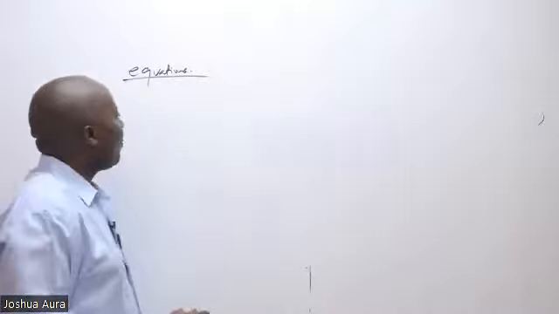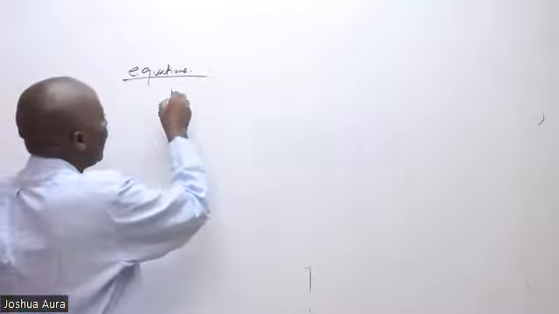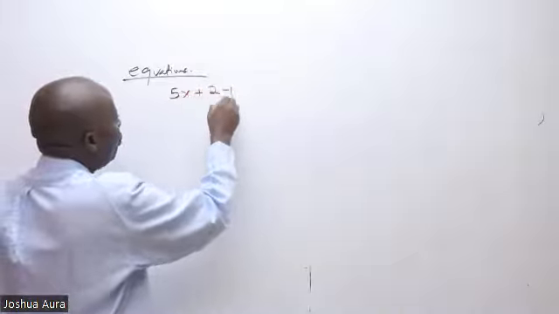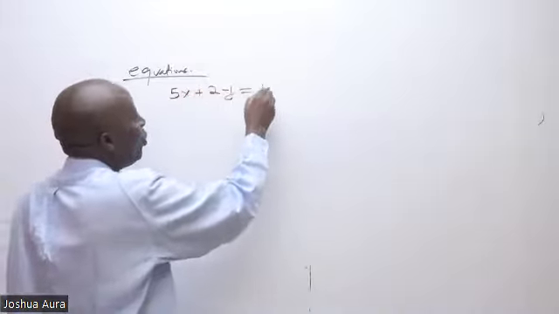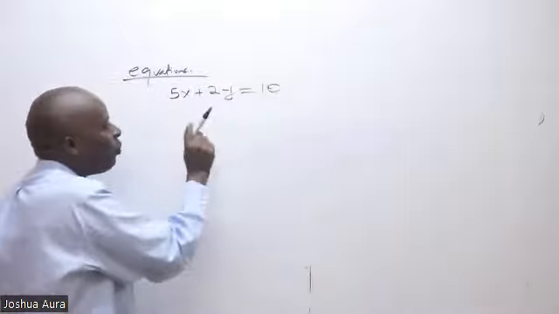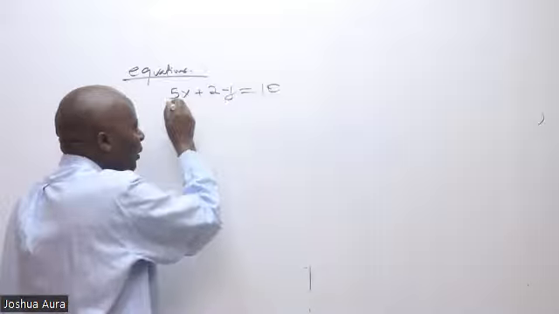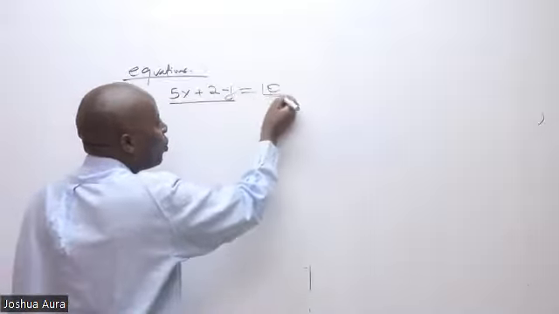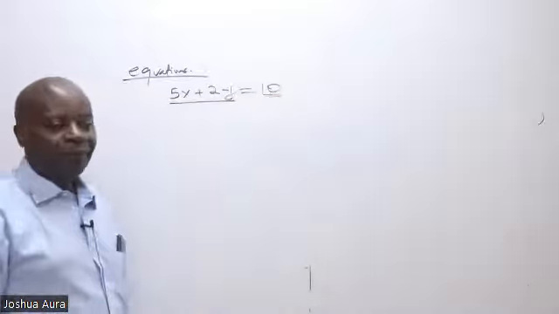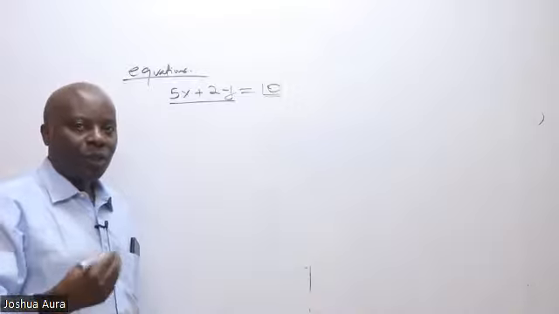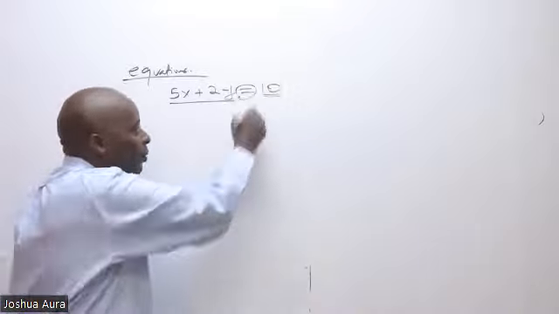If, for example, somebody gives you 5x plus 2y equals 10, you can see we have two parts here. We have 5x plus 2y, which is the first part, being equal to 10. The word equal is very, very important.